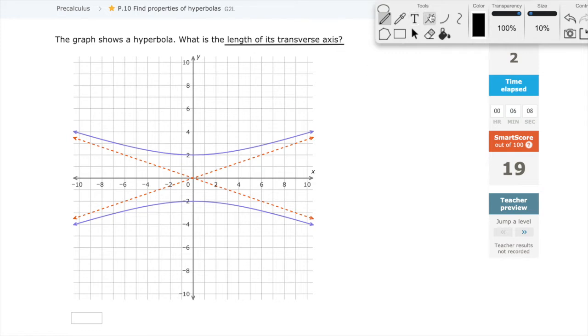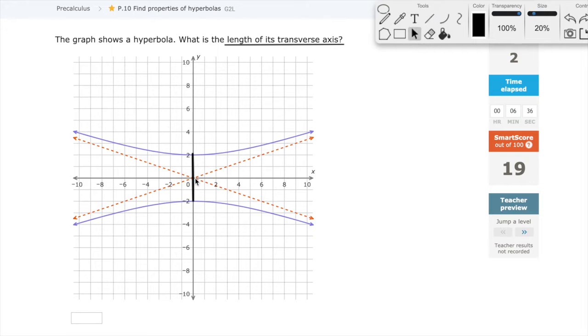If they're up and down, it's going to be a line like this. If they were side to side, it would be this way instead, but we don't have that here. It's basically the distance, since it's length, from one vertex to the other.